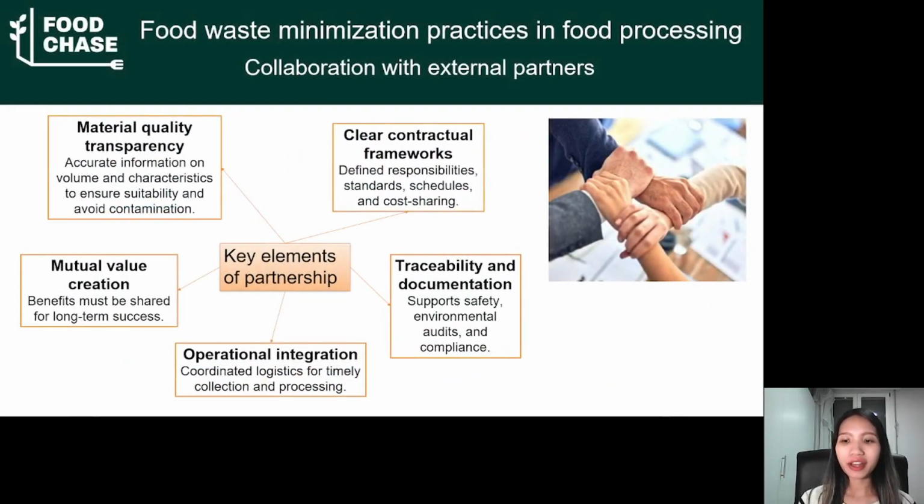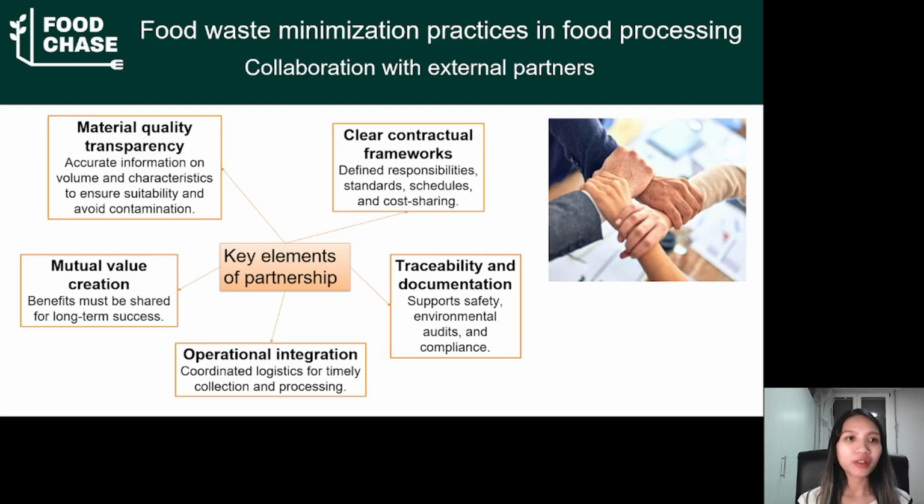Each stage can apply its own minimization strategy, but the result can be even better if there is collaboration with external partners. There are some key elements of partnership, like material quality transparency.